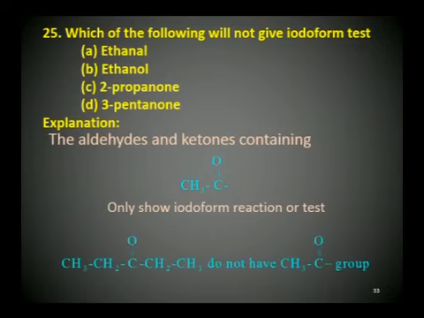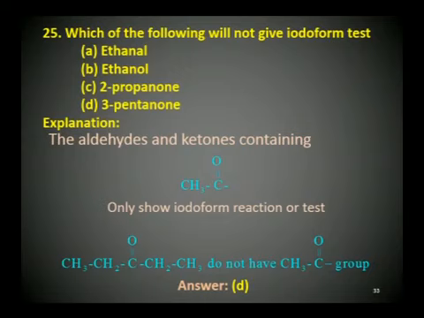So, CH3CH2COCH2CH3, that is 3-pentanone, does not have CH3CO group. So, the answer is D. Now, you may get a doubt why B, ethanol, is also showing iodoform reaction.